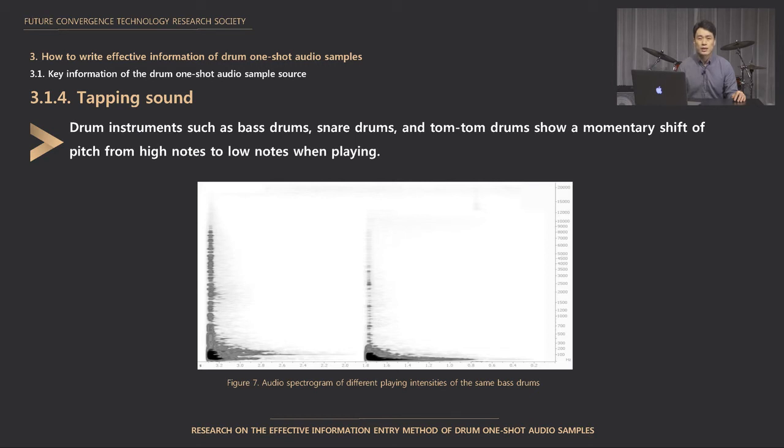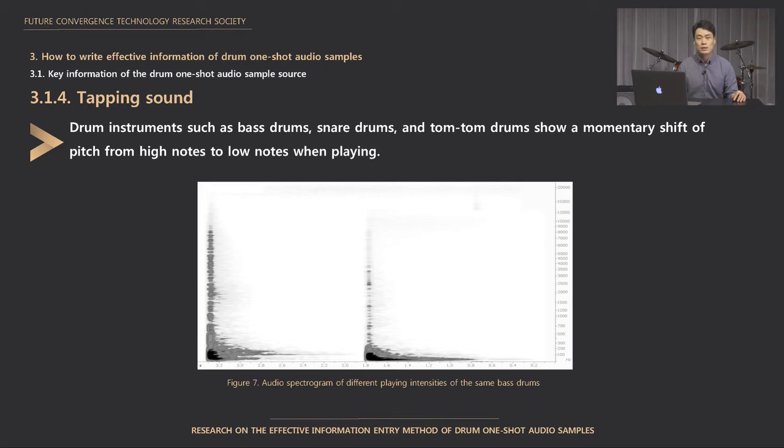When a stroke is performed with a strong force, the pressure applied to the head also rises, resulting in a large change in pitch. When a stroke is performed with a weak force, the change in the tension of the head is not large, so the change in pitch is also small.